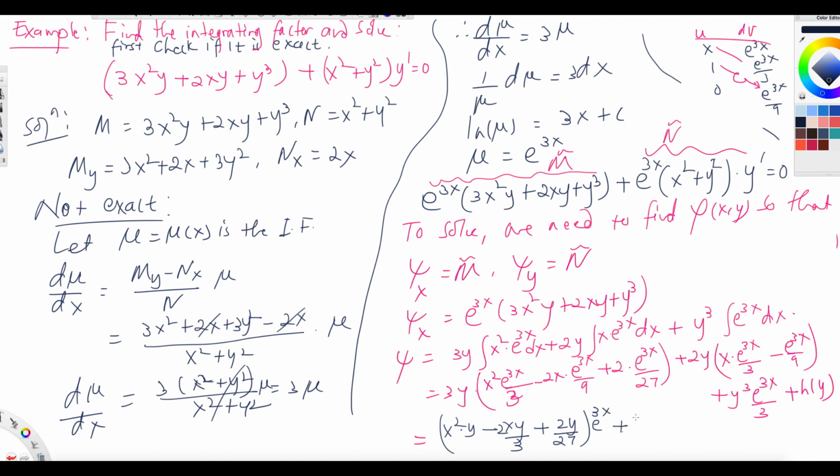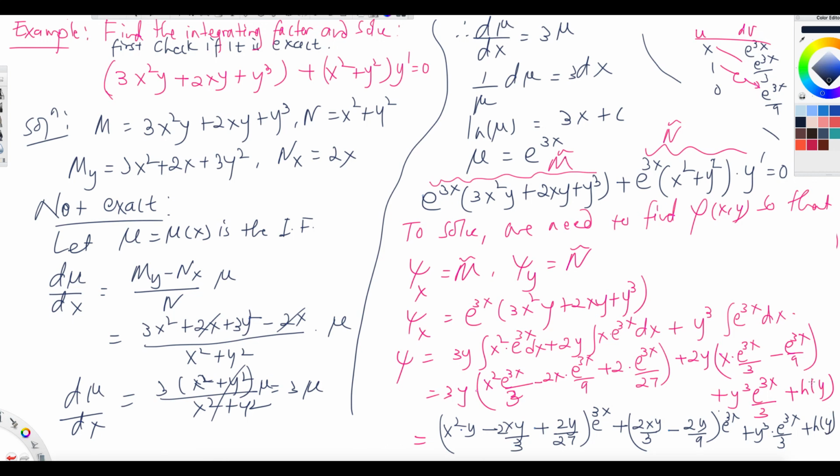Plus the second one will become, so that 3 and 3, so there is no 3, so you will get 2xy over 3. You see that? 2xy over 3, e to the 3x is outside, minus 2y over 9. You see that? Times e to the 3x, and then plus y cubed times e to the 3x over 3 plus h of y.